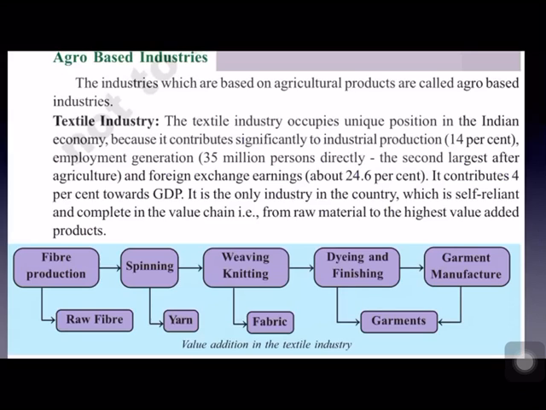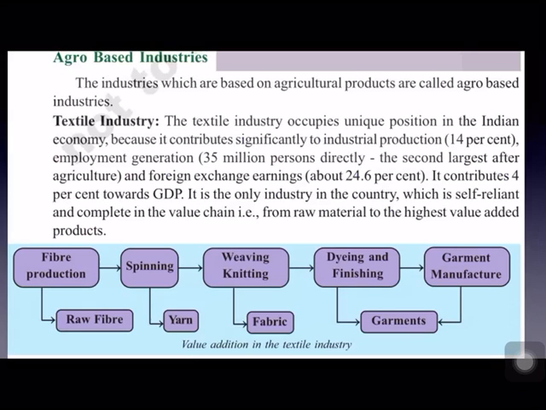And textile industry is the only industry in the country which is self-reliant. It depends on itself and is complete in the value chain. That means, you can see in the chart below, fiber production, spinning, weaving, knitting, dyeing, garment manufacturing, for everything we need not depend on other countries.